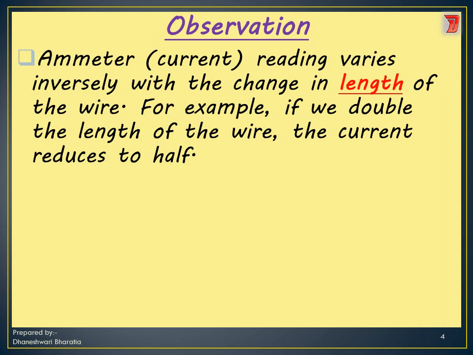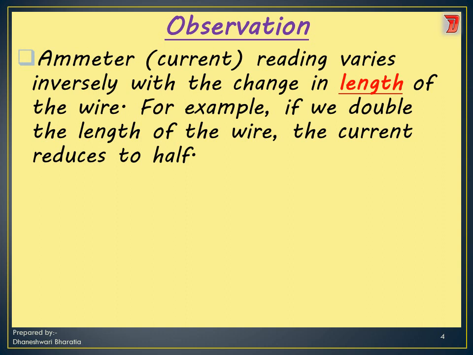Observation: the ammeter reading, that is the current, will vary inversely with the change in length of the wire. For example, if we double the length of the wire, the current reduces to half. Now if you recall, we saw I is inversely proportional to R, that is current is inversely proportional to R. So if resistance is increasing, the current will be decreasing and vice versa.